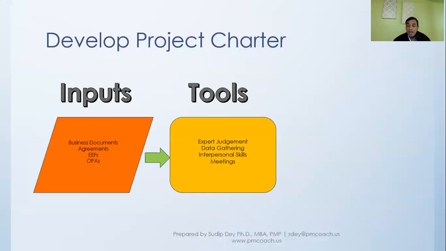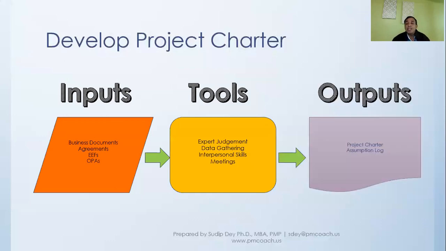And then once we have that, we get two documents. One is a project charter that really authorizes the project and authorizes the project manager, and the other is the assumption log. Basically, what are the assumptions based on which we have embarked on this project? We say assumption log because as you move forward, you will be updating it in many of the processes.